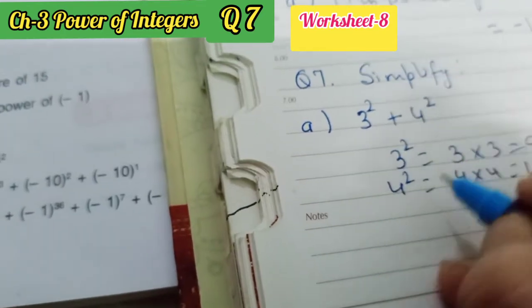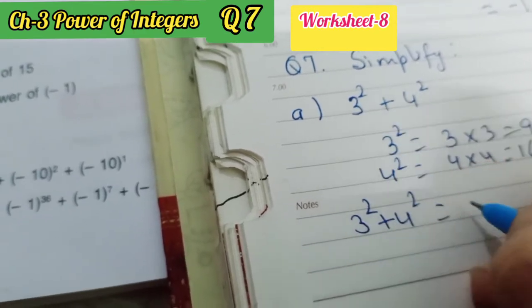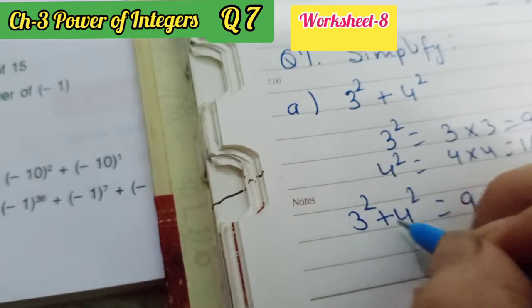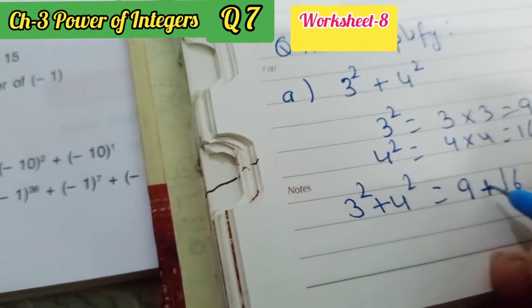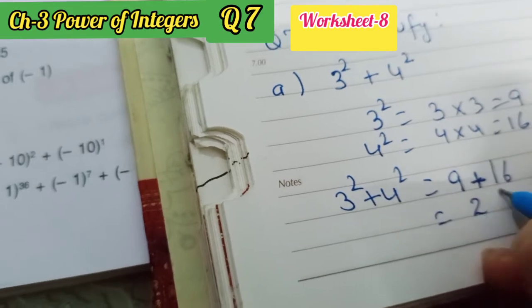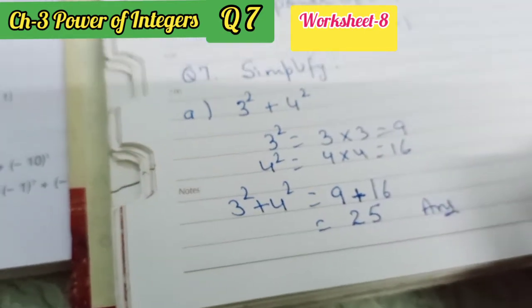So 3 square is 9 and 4 square is 16, and in between we have a plus sign, so add it. 9 plus 16, just add it, we get 25, and that will be your answer.